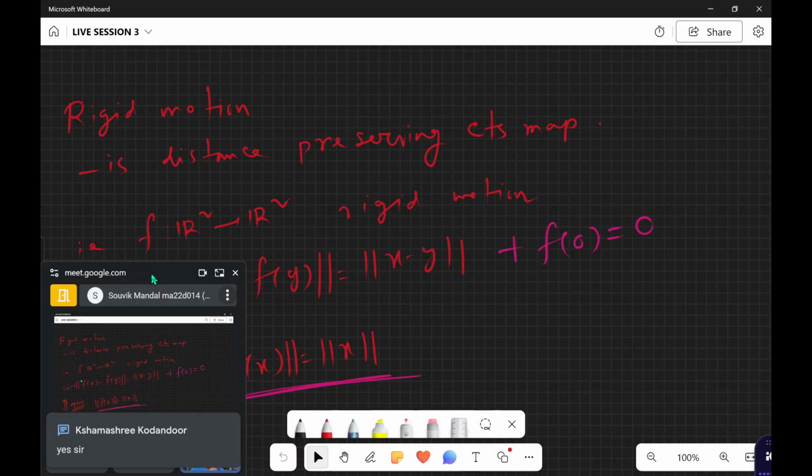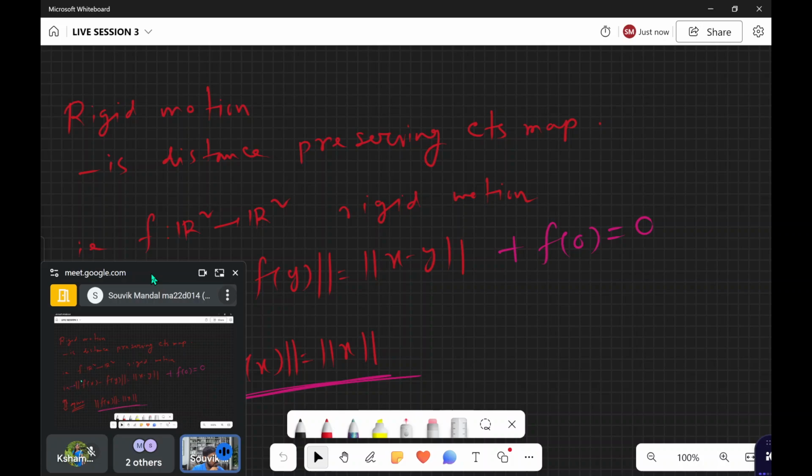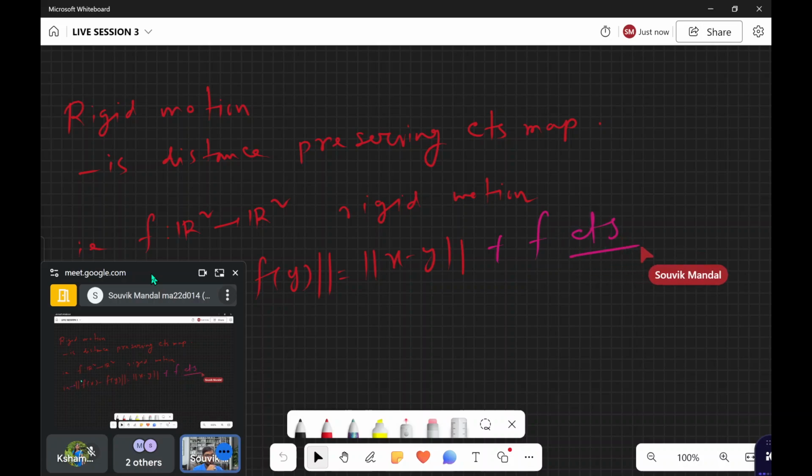One thing I must say is that sir did not take any extra condition like F(0) equal to 0. There is nothing equivalent if only distances are preserved, and of course if F is continuous.